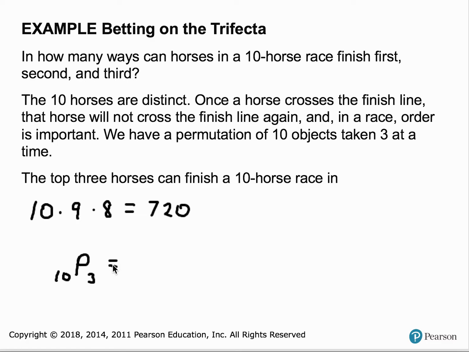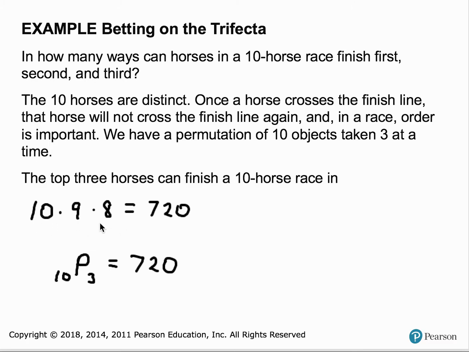So on your calculator, enter 10, go into your probability, and choose that nPr, and then 3. Okay, and notice you should have gotten 720. So on this one, it's probably easier to just do this.